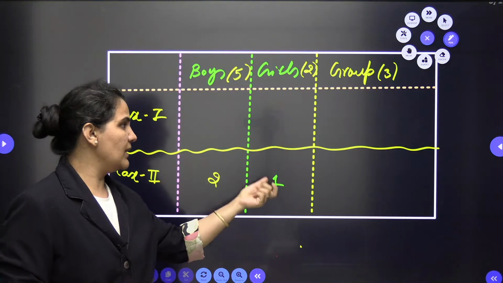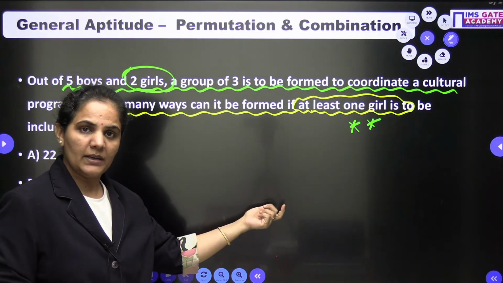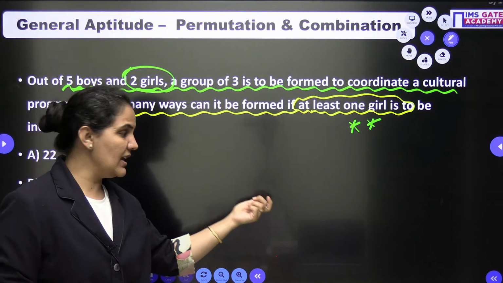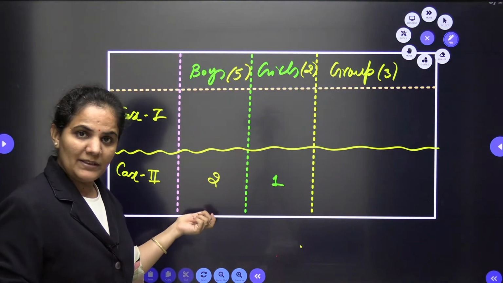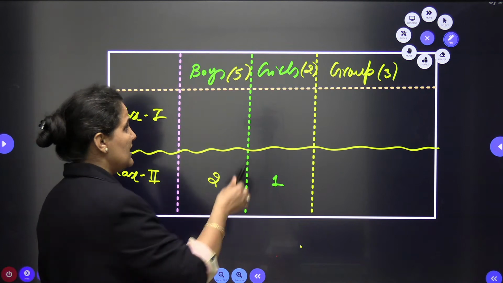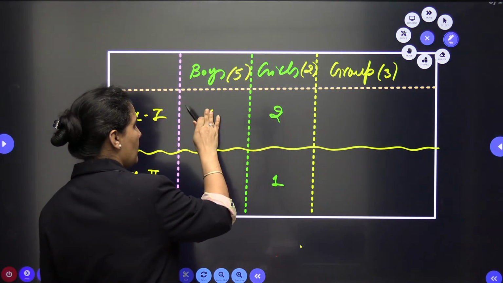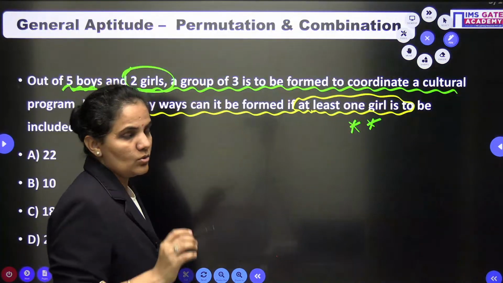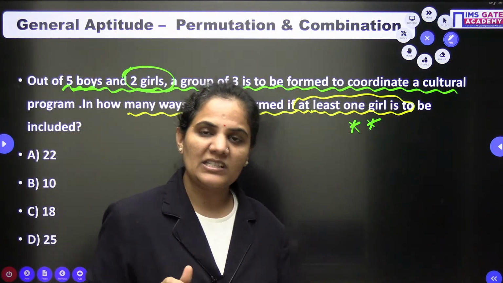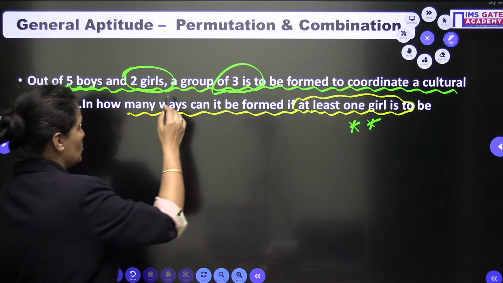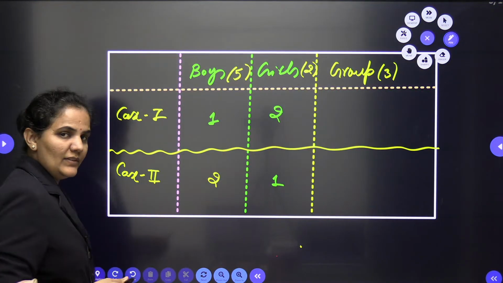So I can start from the minimum 1 girl: in that group 1 girl and 2 boys. Second, we can go with 2 girls and 1 boy, because ultimately the number of persons will be 3 only. So we cannot increase this number. So 1 2 or 2 1 will be there.